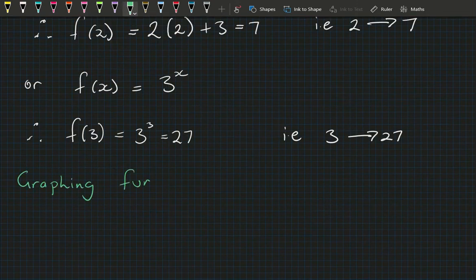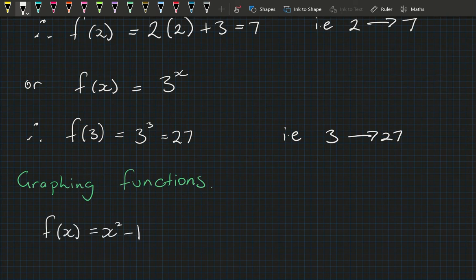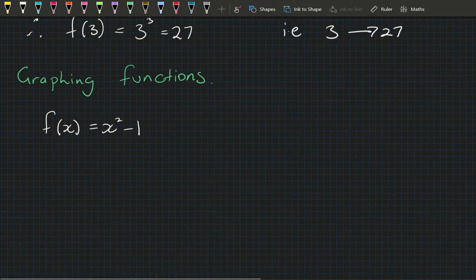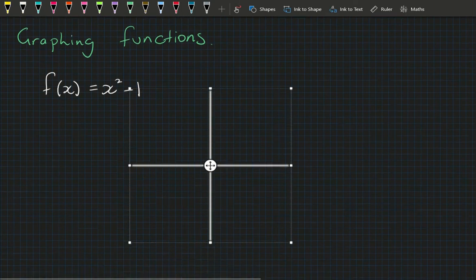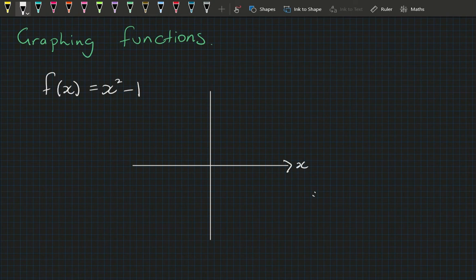Now, when graphing functions, like one we've already seen this year, f of x equals x squared minus 1. Well, you've seen f of x as y, right? Well, that actually gives the hint of what I'm trying to say now. If I'm going to make out my axes y and x, then we've got our x-axis here, and I'll put the x in now.